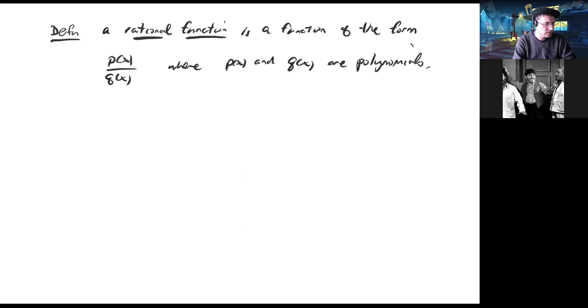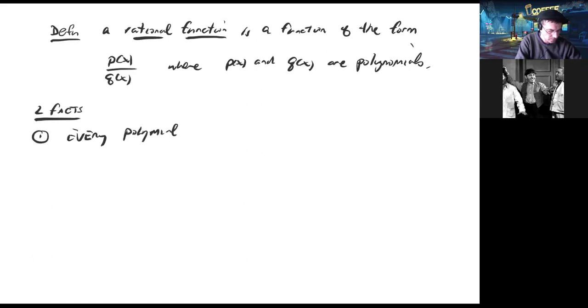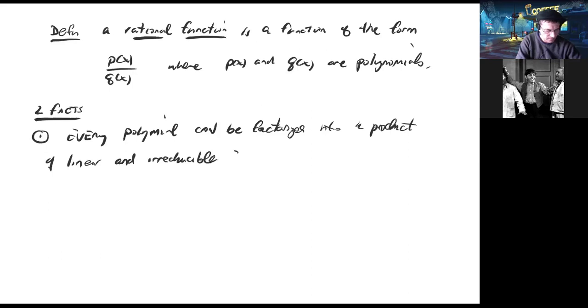Now, there are two facts about polynomials that we're going to be using. Two facts. One, every polynomial can be factorized into a product of linear and irreducible quadratic factors.